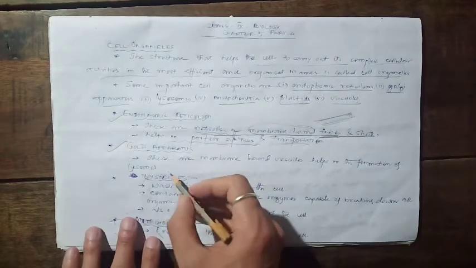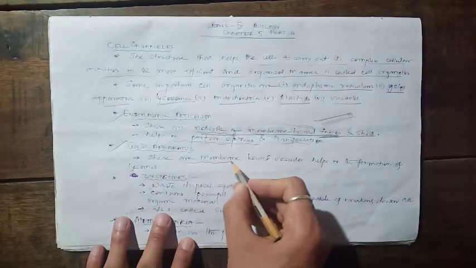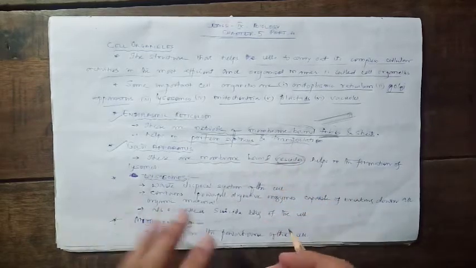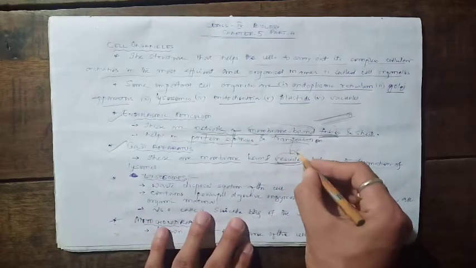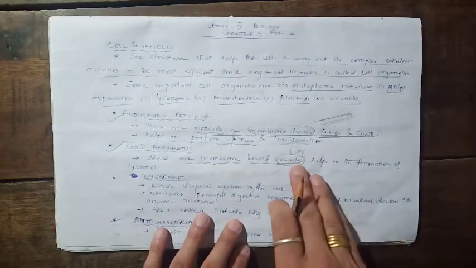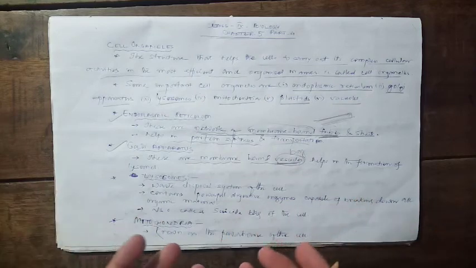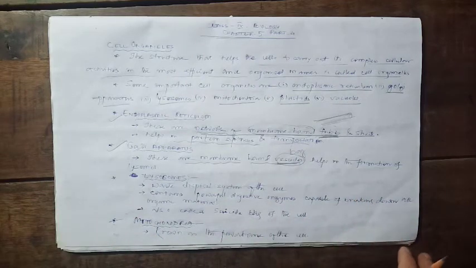Now students, let's move on to another type of cell organelle, that's Golgi bodies. Let's talk about the structure of Golgi bodies. These structures are membrane bound vesicles. Vesicles means it's a sac, a bag like structure. These are bag like structures which are membrane bound. As I mentioned, cells have a membrane called the cell membrane or the plasma membrane.